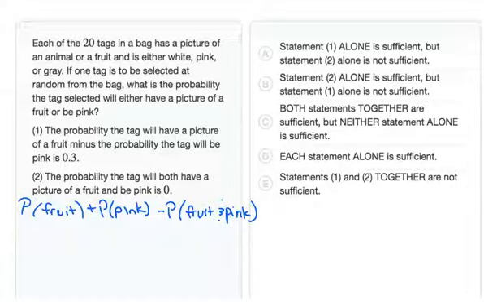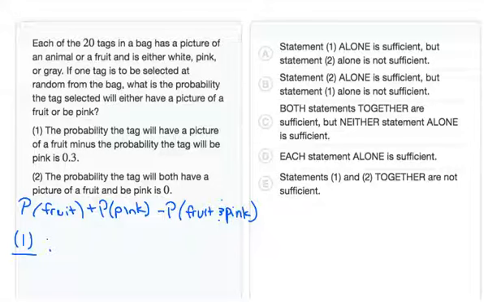So we can determine the probability if we know these values: the probability of a fruit, the probability of being pink, and the probability of both occurring at the same time. So let's take a look at statement 1. The probability the selected tag will have a picture of a fruit minus the probability the tag will be pink is 0.3.